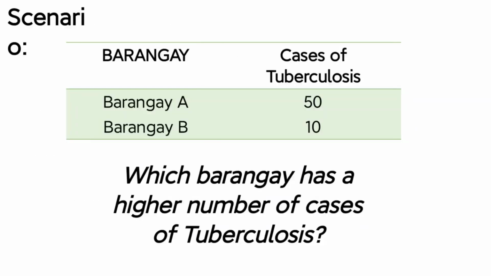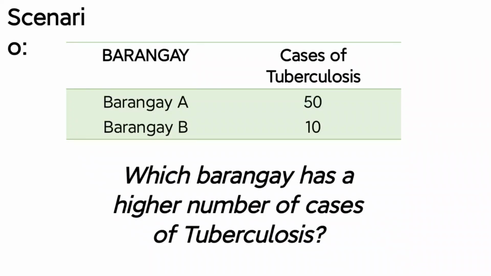Now, before we proceed to our main topic, let's look at this scenario first. We have two barangays, Barangay A and Barangay B, and their cases of tuberculosis. Si Barangay A, meron siyang 50, whereas yung Barangay B has 10. The question here was, which barangay has a higher number of cases of tuberculosis?